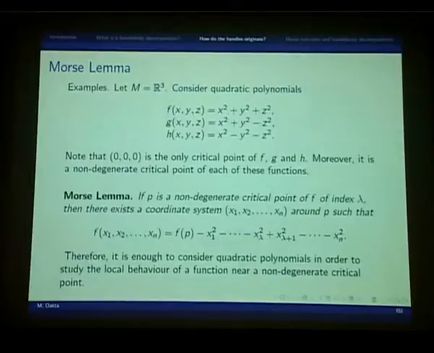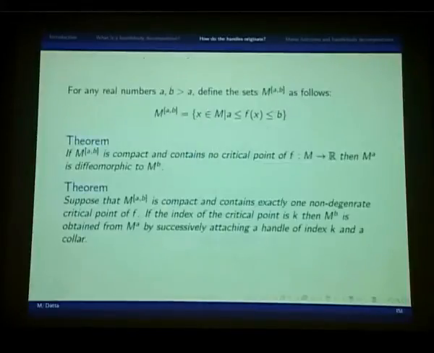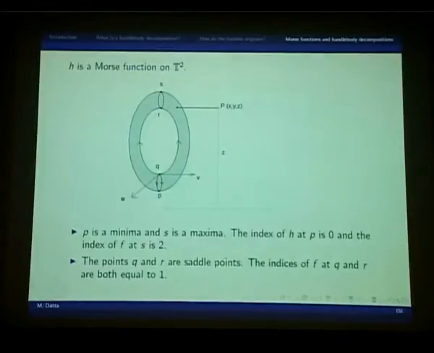So all the terms must be positive, and the index has to be 0. On the other hand, if P is a maximum point, whichever direction you move, the function has to go down. So all the terms have to be negative and the index will be maximum. So at P the index is 0 and at S the index is 2. On the other hand, at Q and R the indices are 1.